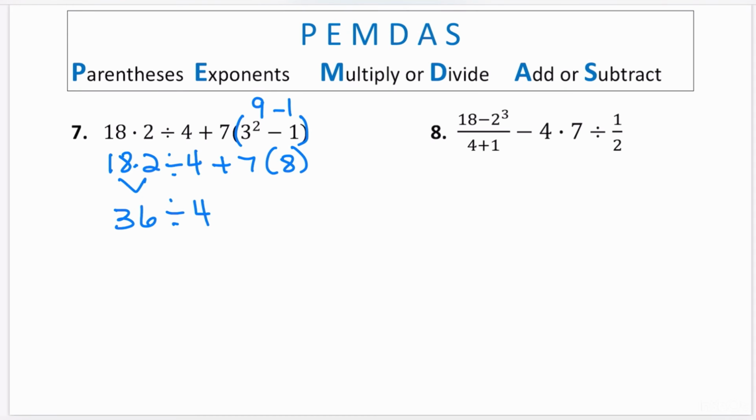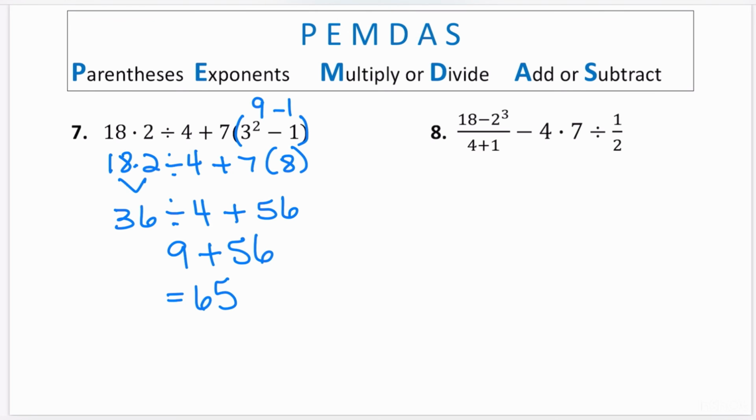So I have 36 divided by 4 plus 7 times 8, which we can go ahead and multiply, is 56. 36 divided by 4 is 9, and 9 plus 56 is equal to 65. So that's the final answer. Hopefully you got it right.